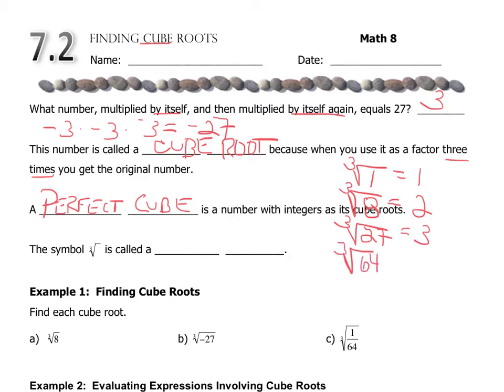And you're also going to notice that I'm putting this little 3 inside the valley in the front part of our radical sign. So this symbol right here is called a cube root. When I see that sign, that is telling me to find the cube root of that number.